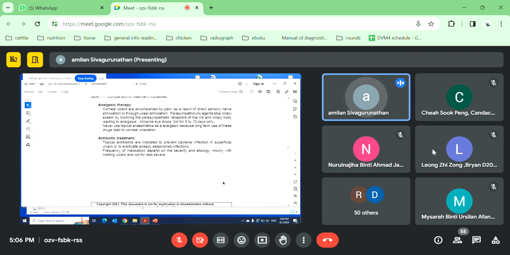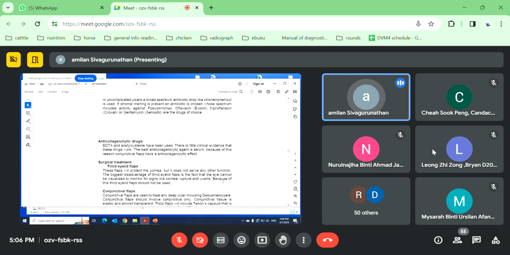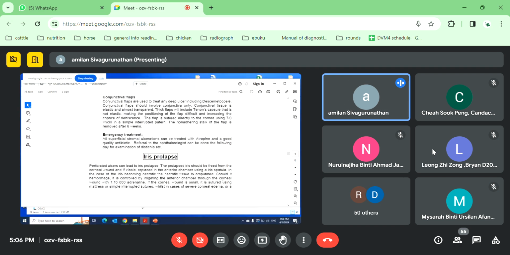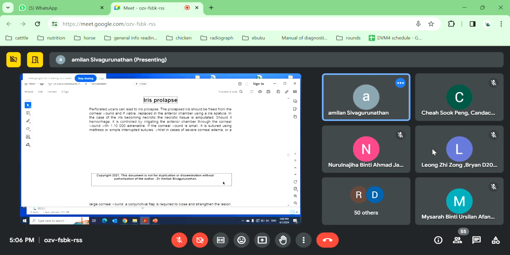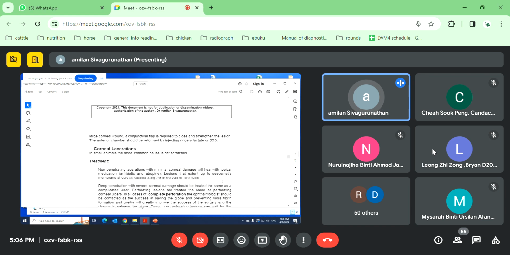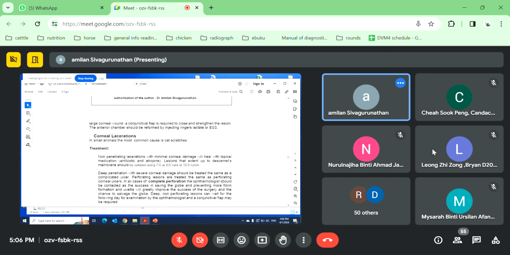Right? And then as we go further down, it talks a bit about the drugs and some of the therapeutic options. Iris prolapse, this is an interesting section, but it's not easy to do in general practice.